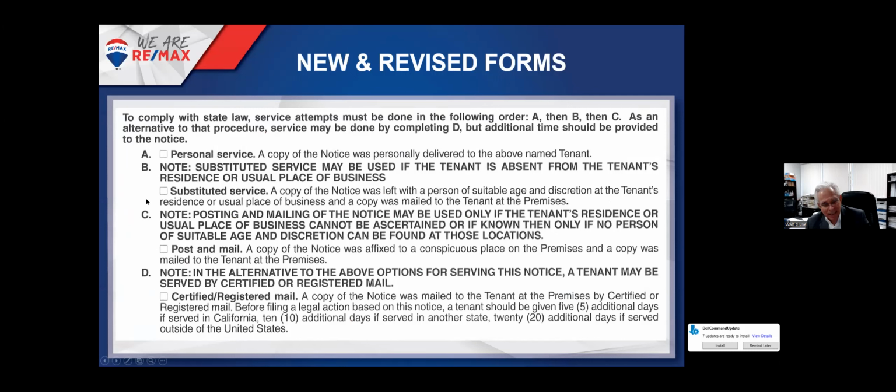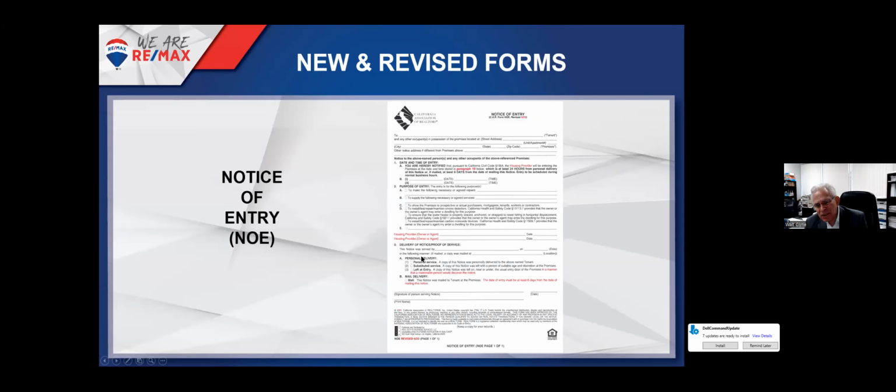Okay. A notice of entry. There's a little bit of changes there, nothing super significant, but what I wanted to alert you to is Civil Code requires that before a housing provider, I got to get the words right, or their agent enters a property, they are given a 24-hour written notice. And that includes property that you put on the market.